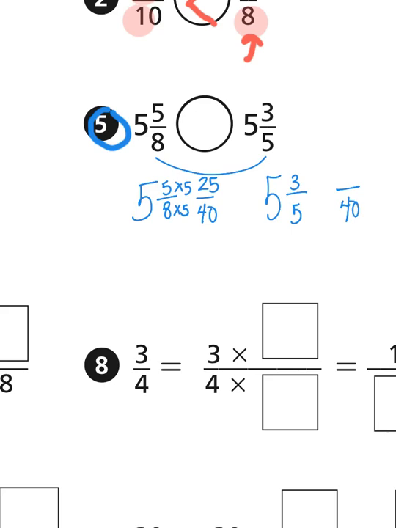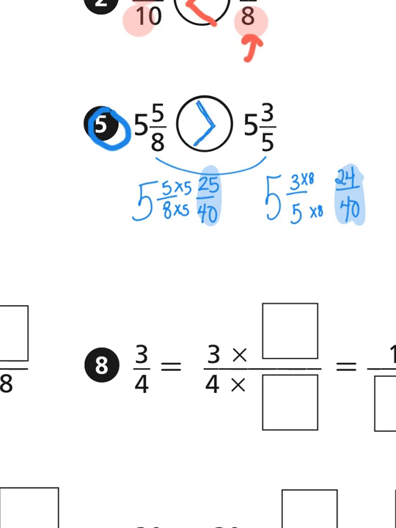Getting to 40, I need to multiply by 8, the top and the bottom. 3 times 8 is 24. That's close, but it looks like 5 5/8 is greater than 5 3/5 because 25/40 is bigger than 24/40. So I'm going to make a greater than symbol there.